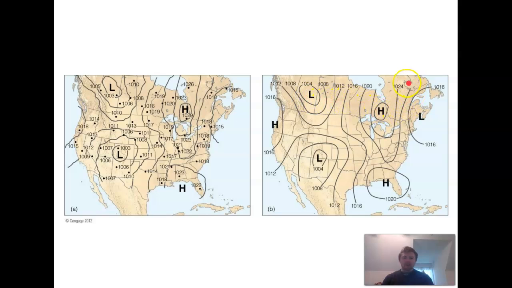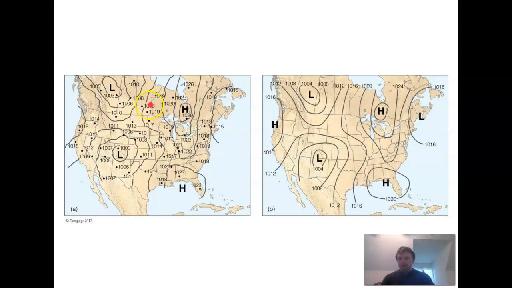Typically for the surface pressure, you can see here there's a difference of 4 millibars between each of these lines. And so what we can understand is that in between, say, this 1016 line and this 1020 line, everything in between here is greater than 1016 in pressure and less than 1020 in pressure.